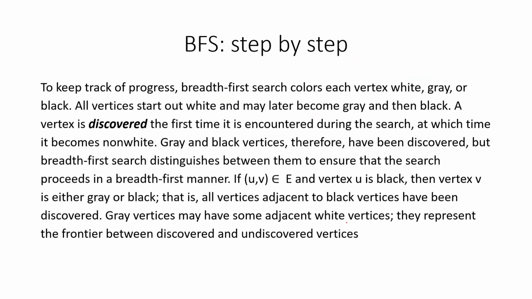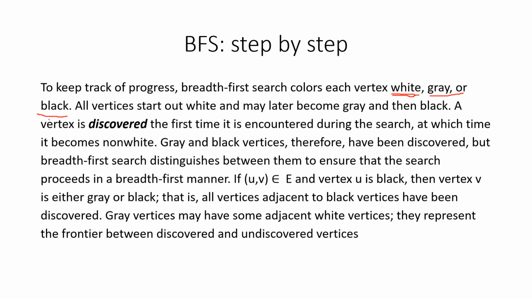So let's take a look at the BFS step by step. How does it work? In a graph, let's say that we have some graph, and each vertex can be colored white, gray, or black. If the vertex is white, it means that we didn't start to discover that vertex. Gray means that we are currently discovering that vertex.